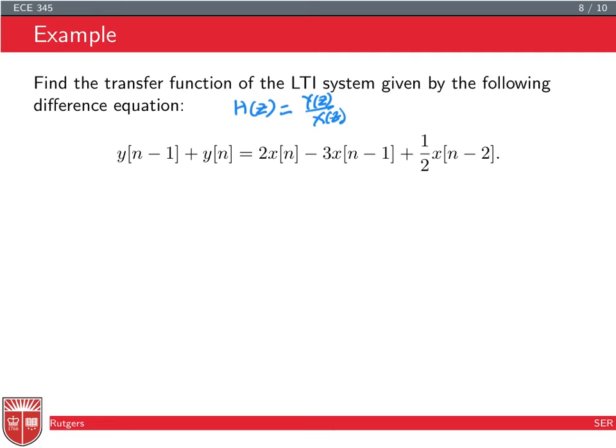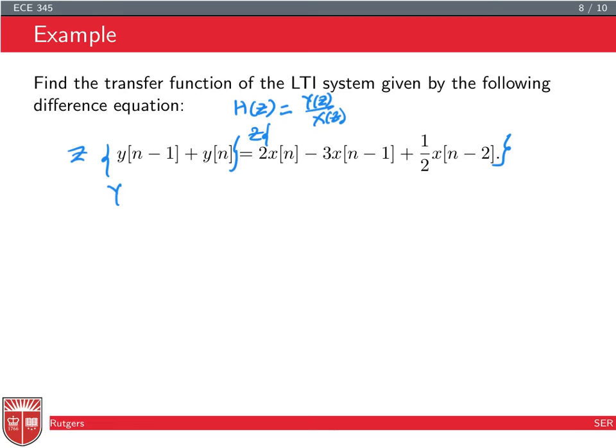So what I can do is take the z transform of this equation that ties together the input and the output. If I do the z transform on the left, it is going to be equal to the z transform on the right, and then I can use linearity, right? So I know that this is y.